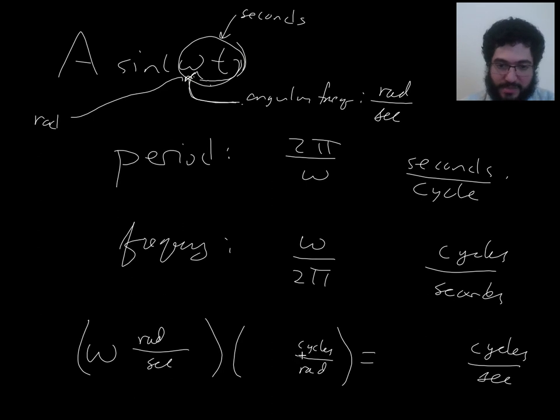Well, that's a little bit weird, cycles in a radian. But you know how many radians there are in a cycle, right? How many radians take you around a circle is 2 pi. 2 pi radians for 1 cycle. So omega over 2 pi is how many cycles there are per second. So that's the relationship between omega and actual frequency.